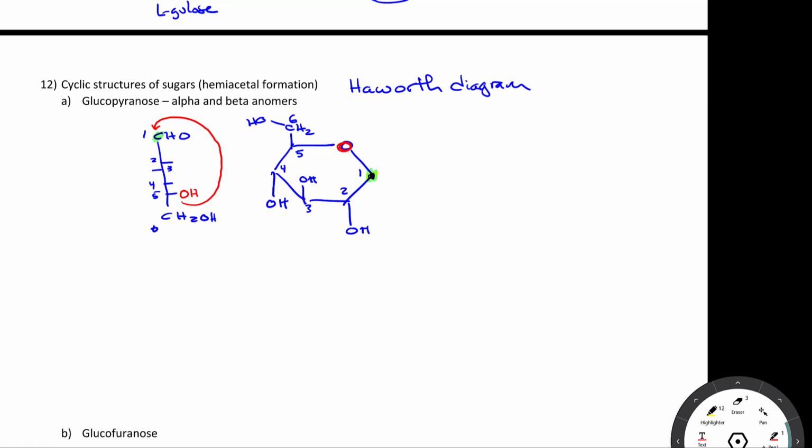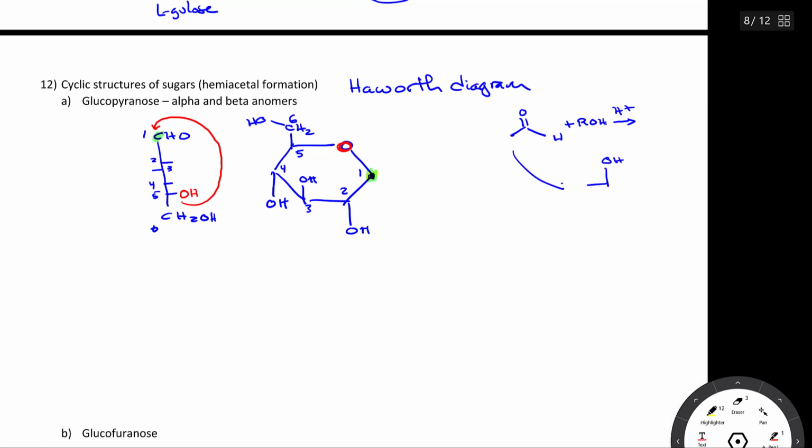Let's just do this real quick. If you have an aldehyde like this, and you react, or ketone, it doesn't matter, but we're dealing with aldehydes here, and you add an alcohol to it under an acid catalyst, what you'll end up with is the carbon, an alcohol.